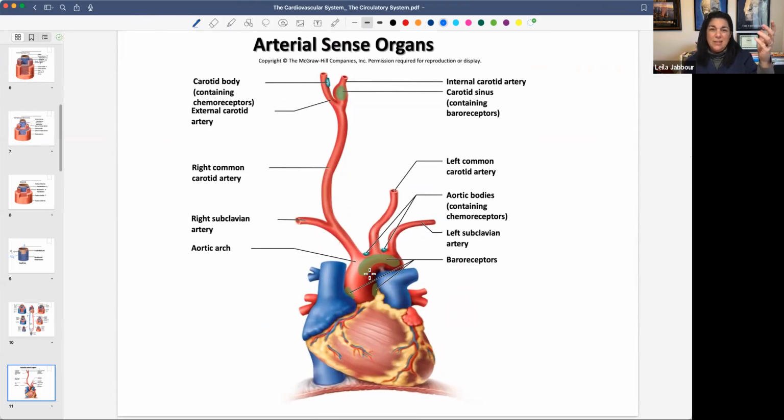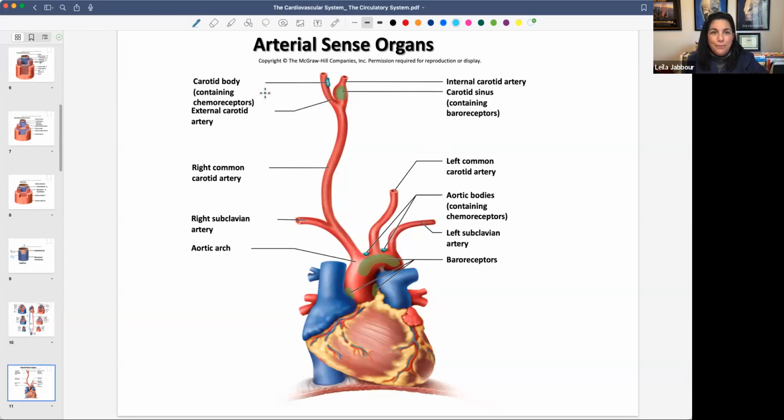This is actually quite important, and we will mention those again when we talk about blood pressure regulation. So what are arterial sense organs? It's these things that are colored here in teal, or green. So let's talk about the structures that are in teal color.